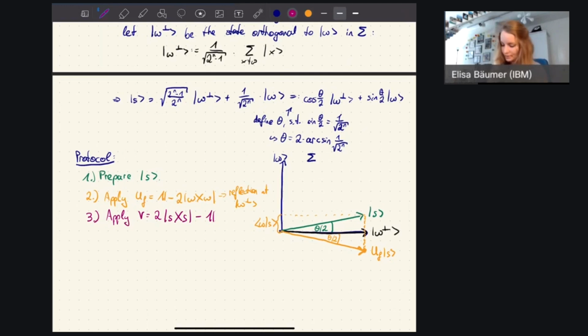If you look at it carefully, you can see that this is a reflection at S. By going up this way, we go up twice the angle and end up somewhere here. So we have an angle of theta here as well. And this will then be the state V times U_F times S.